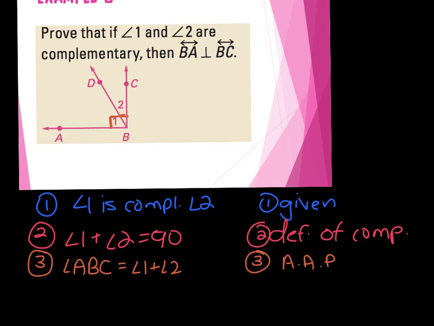So now if angle 1 plus angle 2 is 90, then angle ABC is 90. What's that called? Substitution.